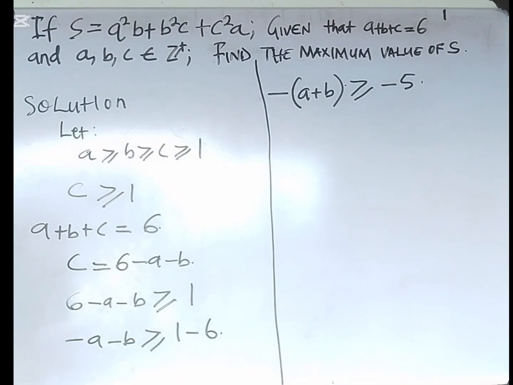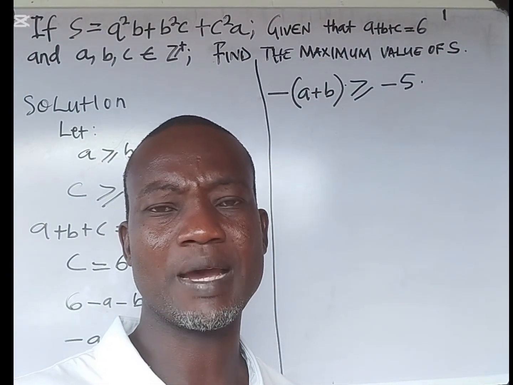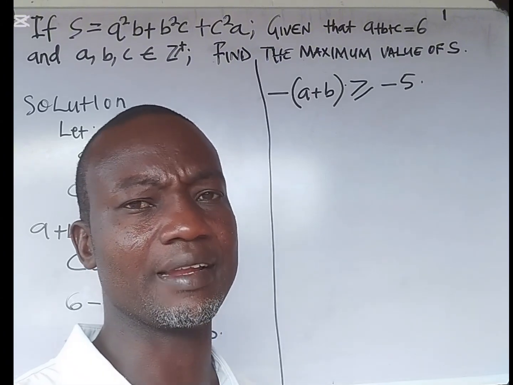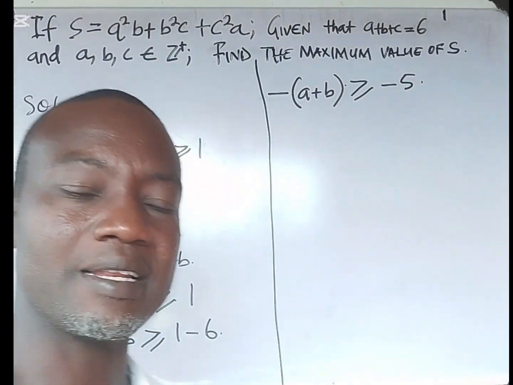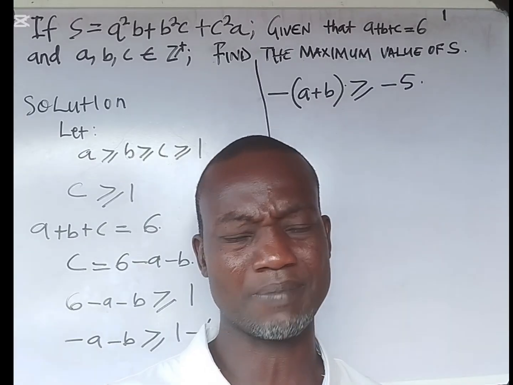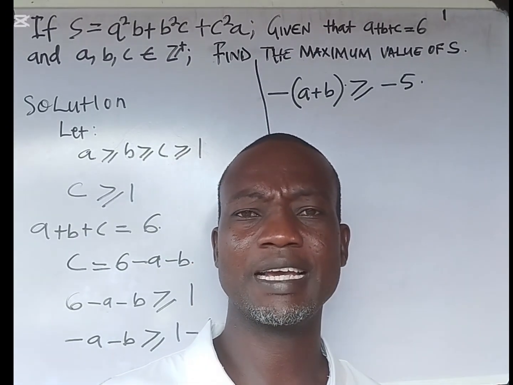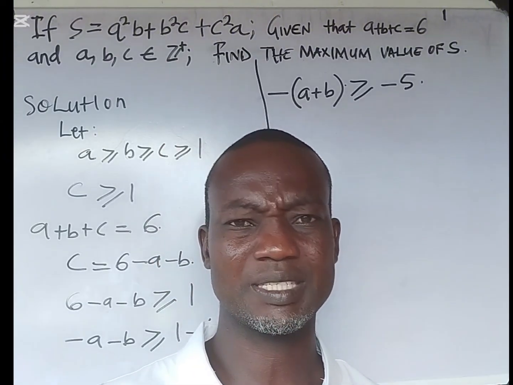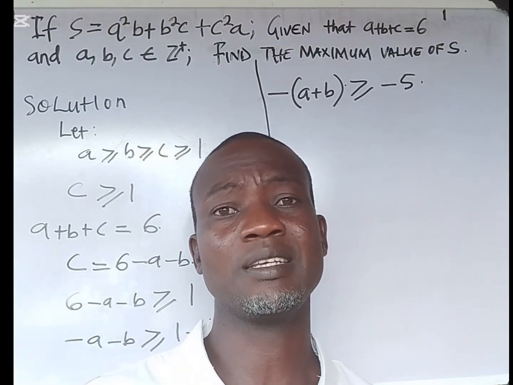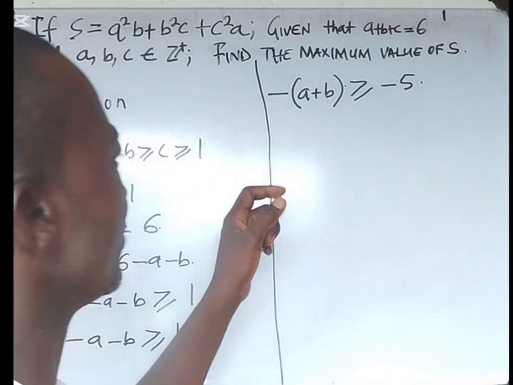Having gotten to this point, I want to straighten out my inequality by eliminating the negative sign. The only way I'm going to eliminate the negative sign is by dividing both sides of the inequality by minus 1. But have it at the back of your mind that whenever you divide both sides of an inequality by a negative number, the sign of the inequality is going to flip. So let's do it.